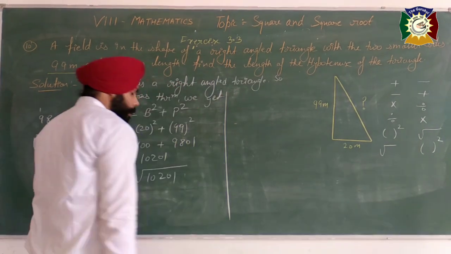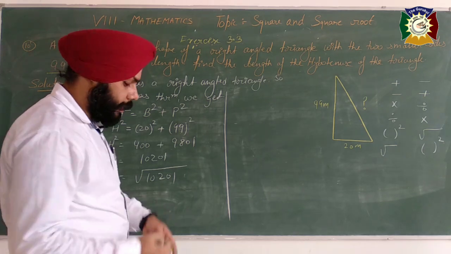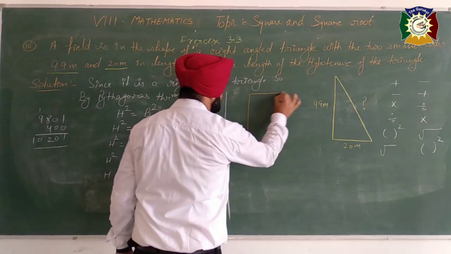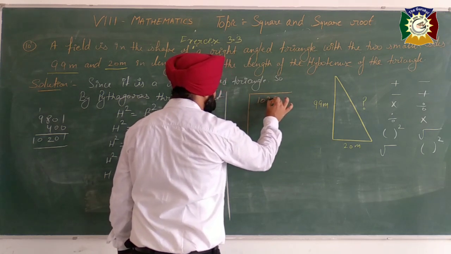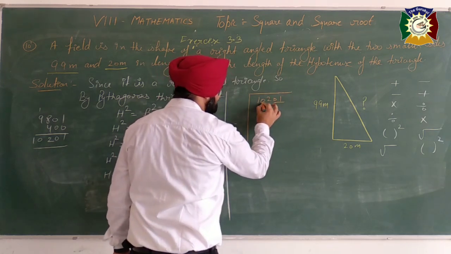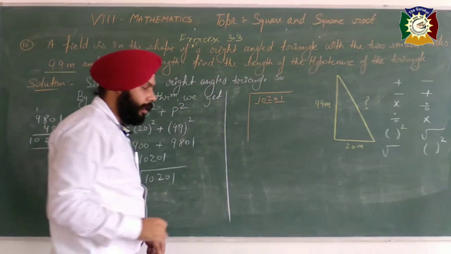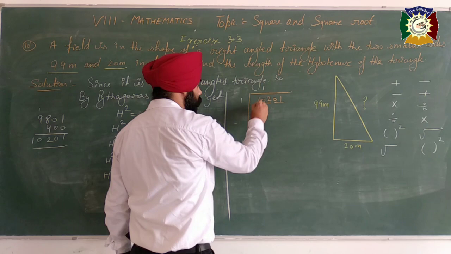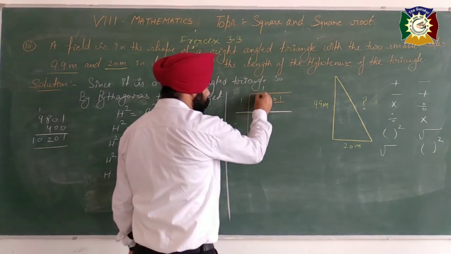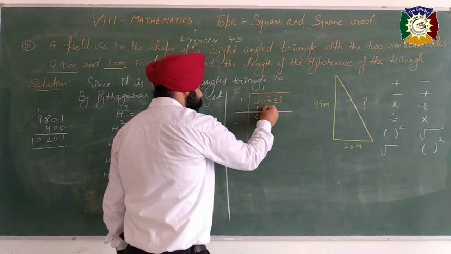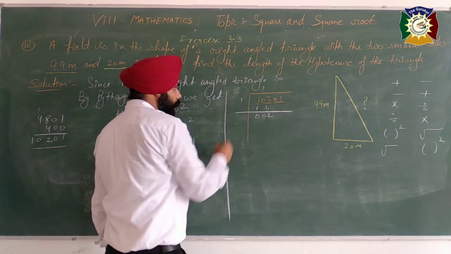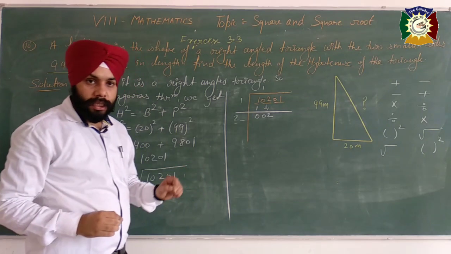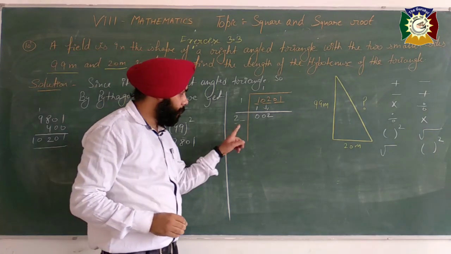So how to find? By long division method here. So write down this number under long division, 10201. Start to make pairs. That one pair as this. So start from 1. 1 comes up 1. Now this one 0. Carry down this pair 2. Write down here 1 plus 1, it becomes 2, once this is blank. Now see, this is a very important step here.